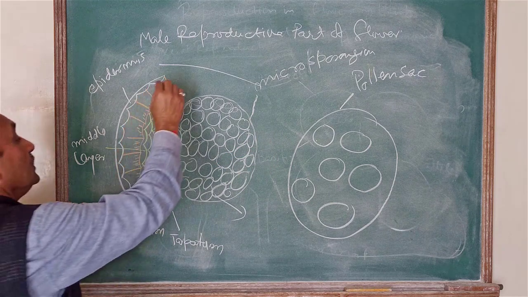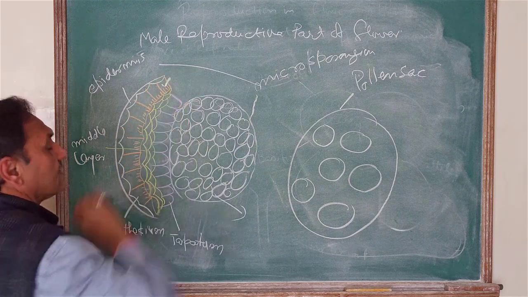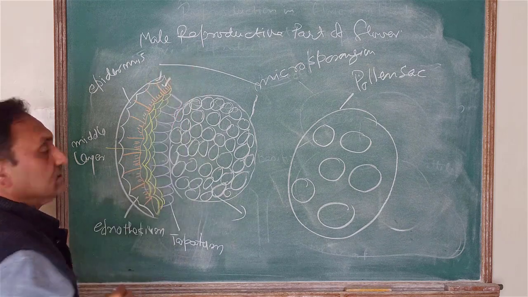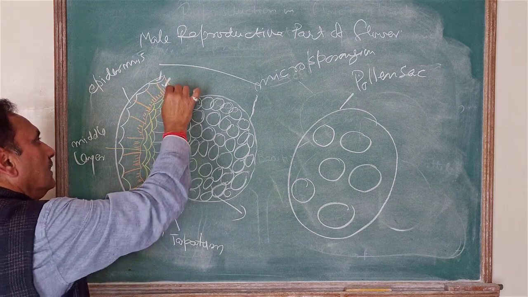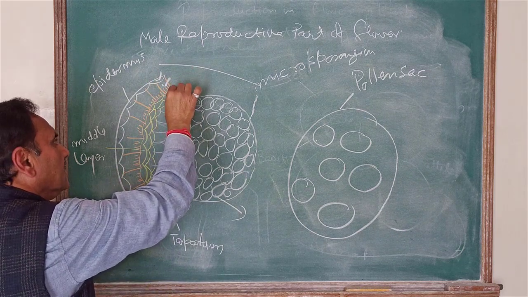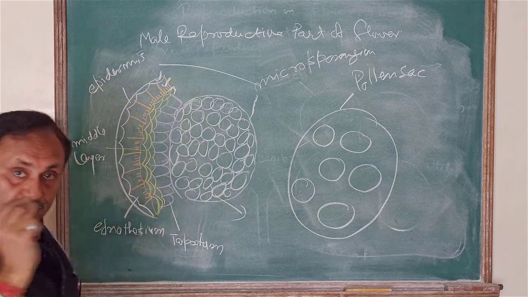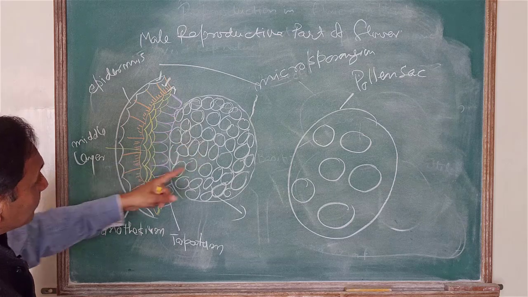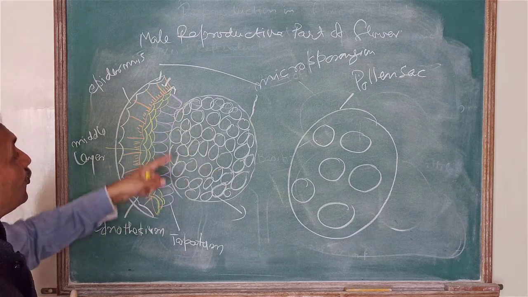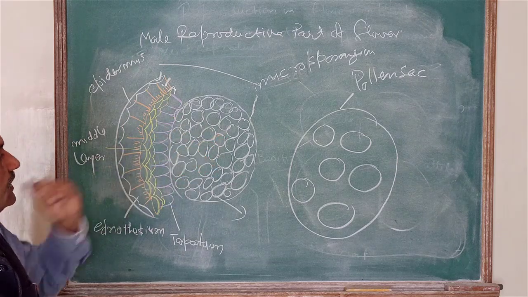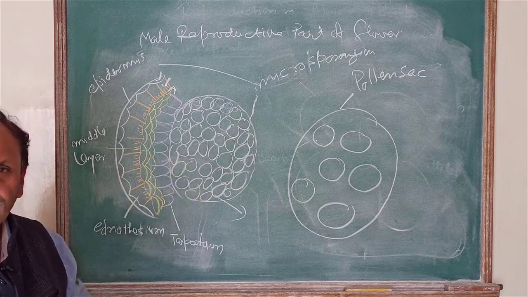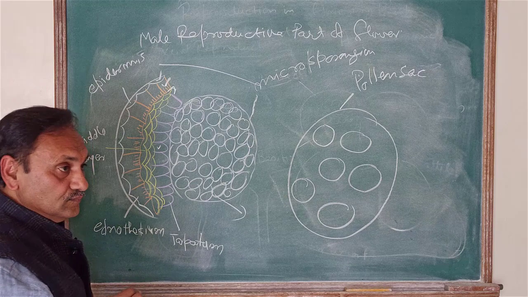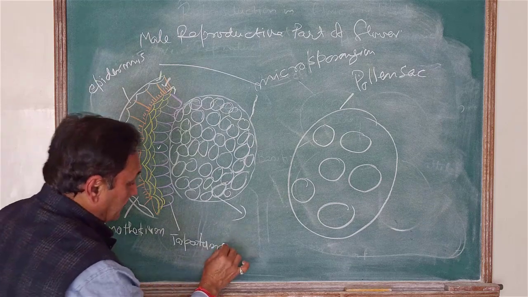The fibrous layer and epidermis provide protection. The middle layer, when fused, gives nourishment to the microspore mother cell at the time of division or pollen formation.